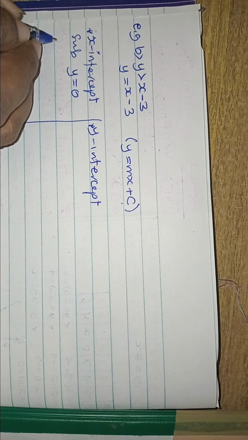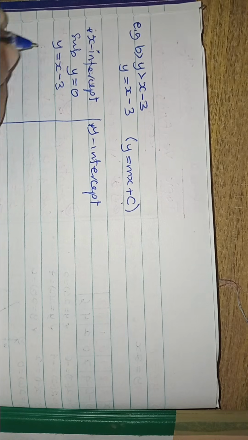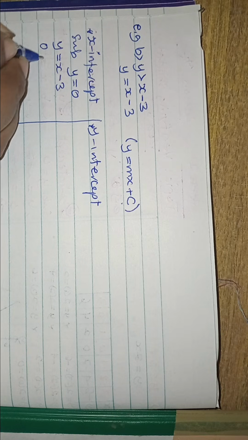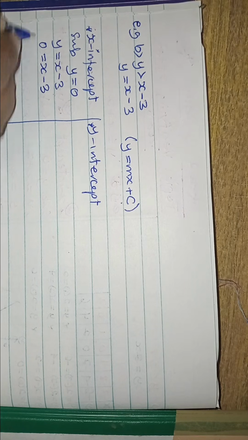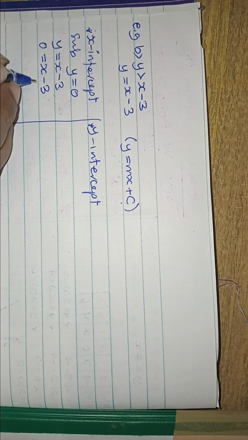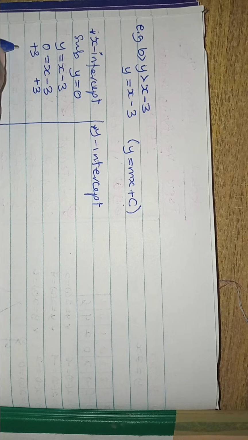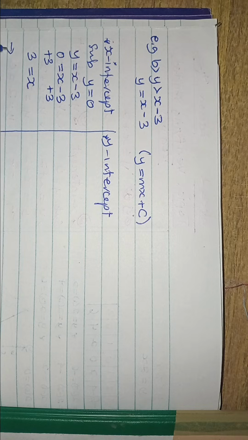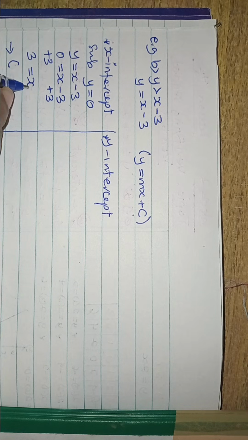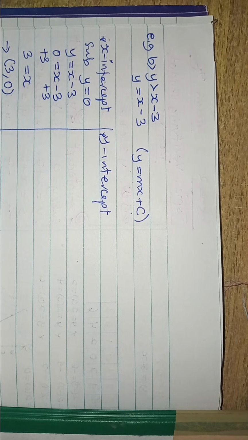So let's substitute y equals 0 into y equals x minus 3. To bring this 3 to the other side, we have minus 3, and therefore we add 3 on both sides, and so we have 3 equals x, giving us the coordinates x equals 3 and y equals 0.